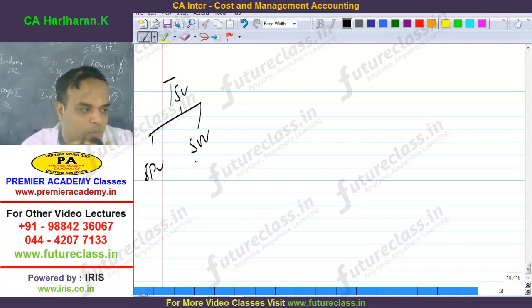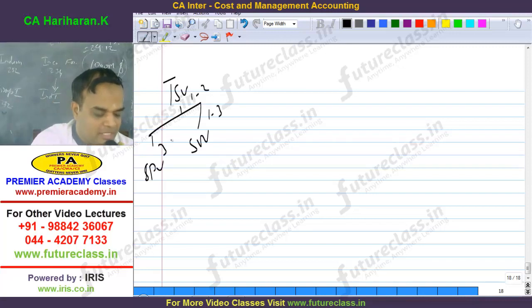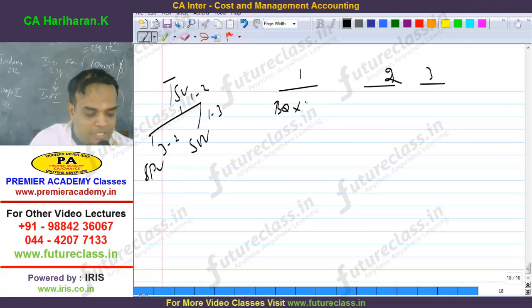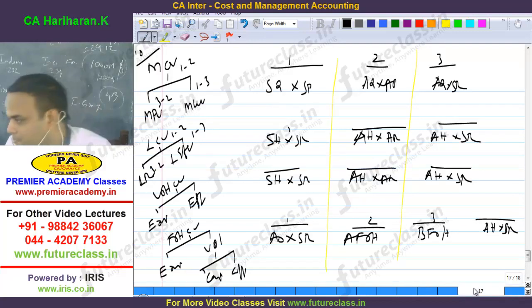Here, only one product or more than one product? Therefore not applicable. Formula remains same: 1 minus 2, 1 minus 3, 3 minus 2. 1, 2, 3 represent budgeted quantity into budgeted price, actual quantity into actual price, actual quantity into budgeted price.